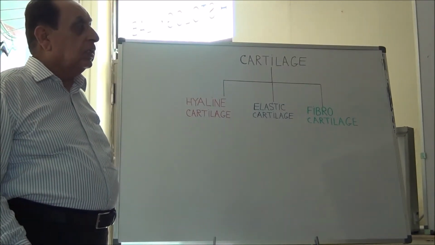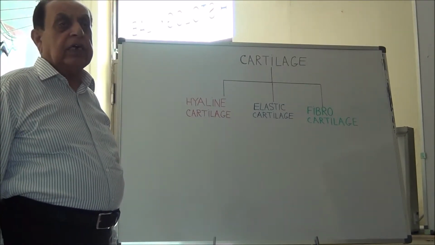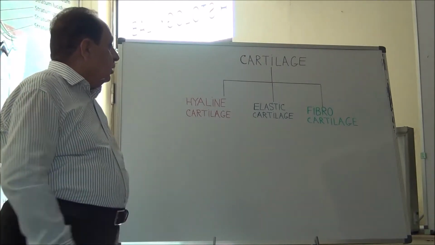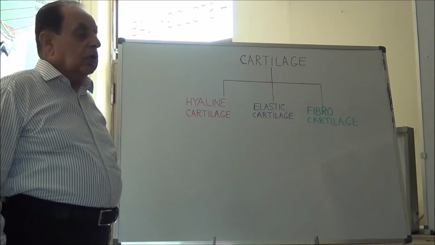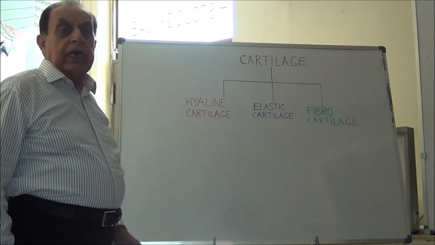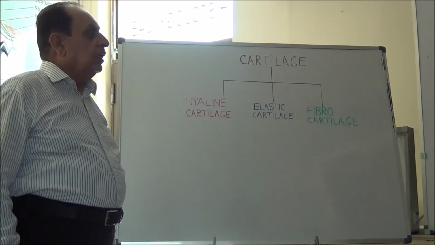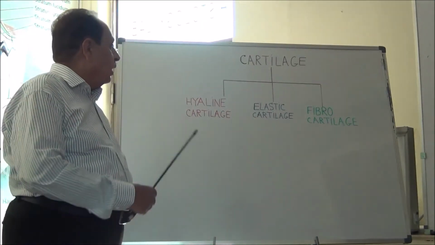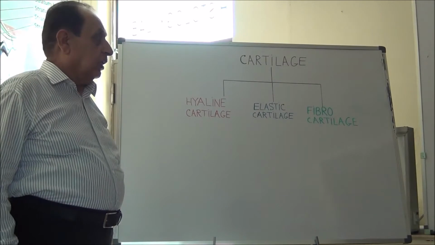These three cartilages are formed by the elastic cartilage. Then the tracheal rings are also formed by hyaline cartilage, and the rings around the bronchi are also formed by the hyaline cartilage.